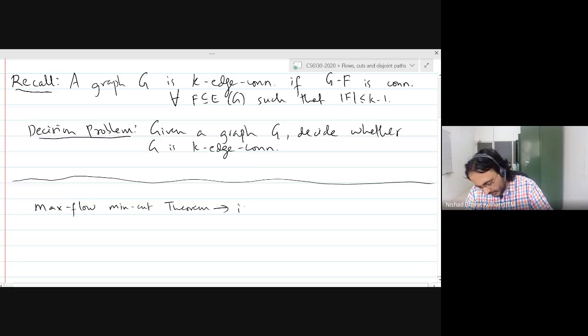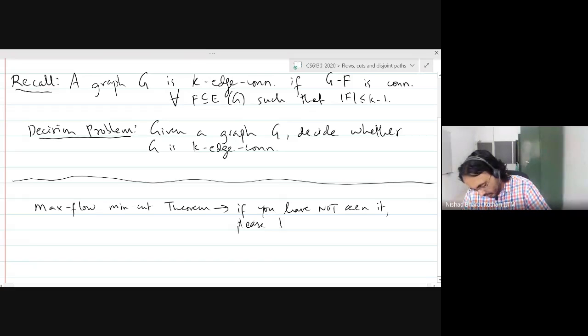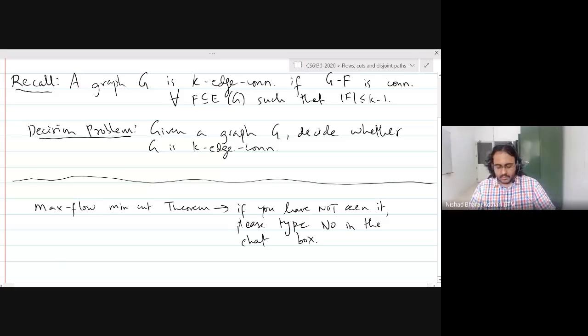If you have not seen it, then please type no in the chat box, so that I have a clear understanding of where everyone is with regards to this theorem.